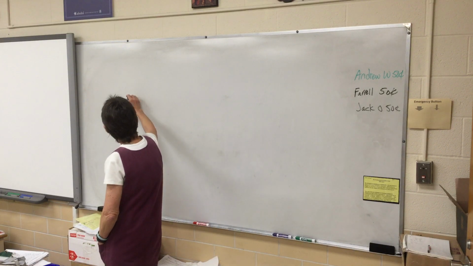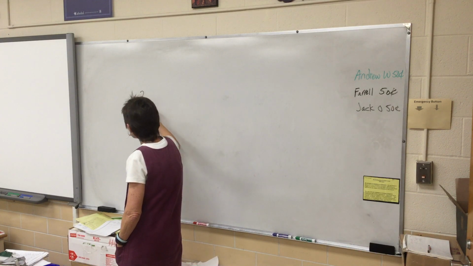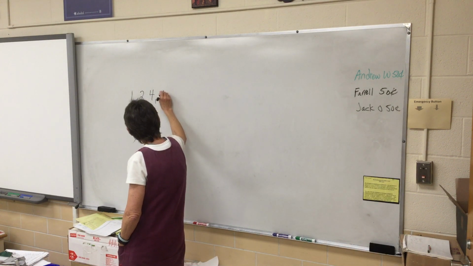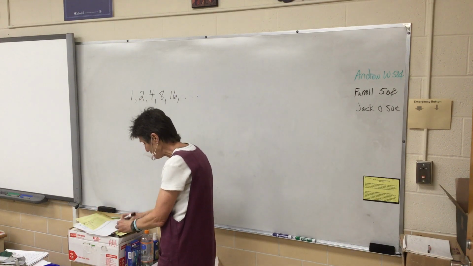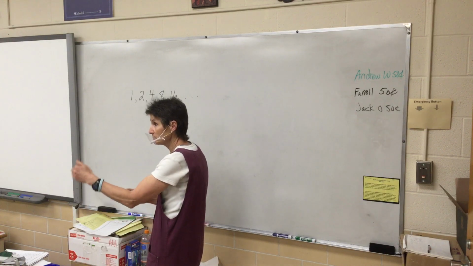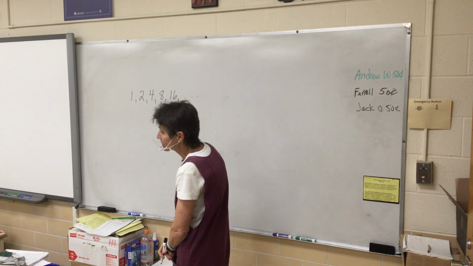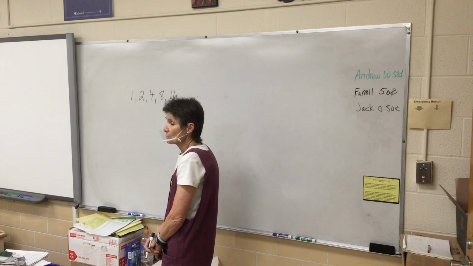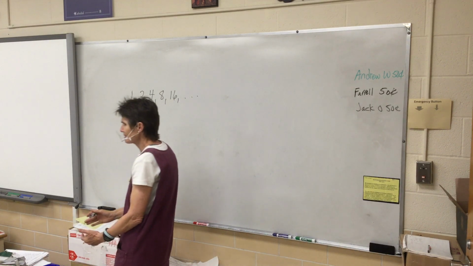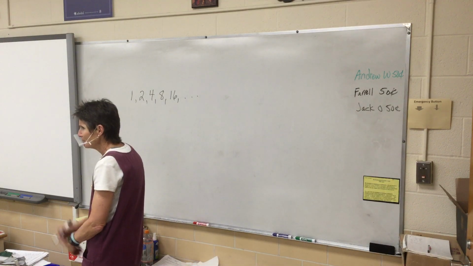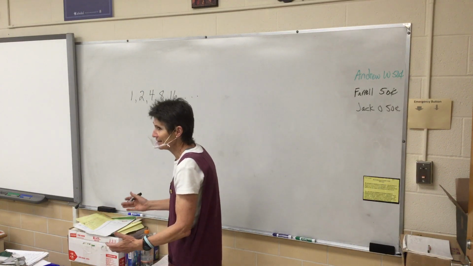And she said, they said that if you put one checker on the first square of a checkerboard, 2 on the next one, 4 on the next one, 8 on the next one, 16 on the next one, and so on, in other words, you double the number on each square, by the time you get to the last square of the checkerboard, you will have enough checkers to reach the nearest star. And she said, Miss Ford, the nearest star is the sun, and it's 93 million miles away. That just doesn't make any sense.